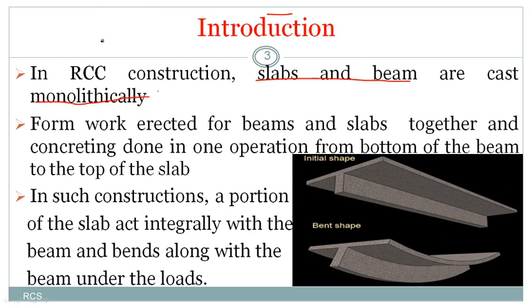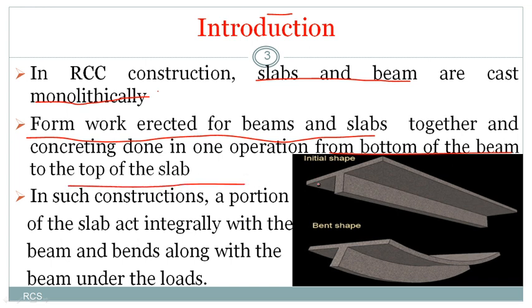Those types of RCC constructions are called monolithically cast. How will it be done? The formwork for beams and slabs is erected together and the concreting operation is done at the same time, from the bottom of the beam to the top of the slab.